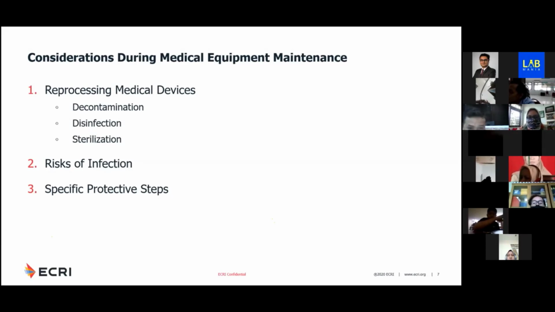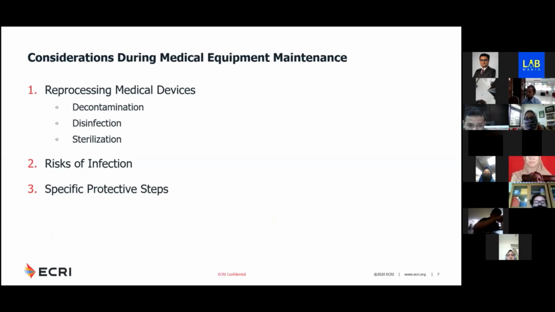So the purpose is to try to remove as much as possible bacteria or viruses which may reside on the surface of that medical device. The effectiveness depends on how much of the contaminants you can remove, on the type of solution and how strong the solution is, and how you perform this disinfection step.